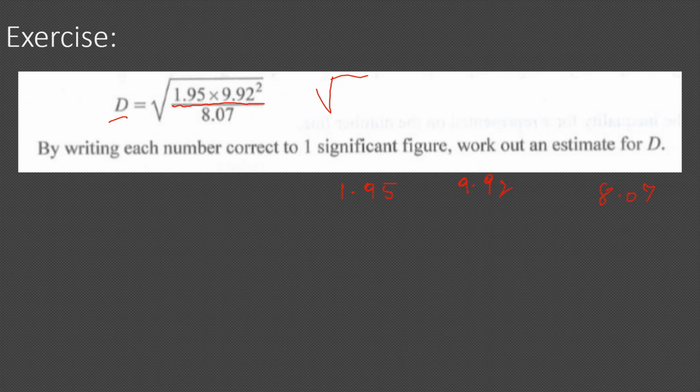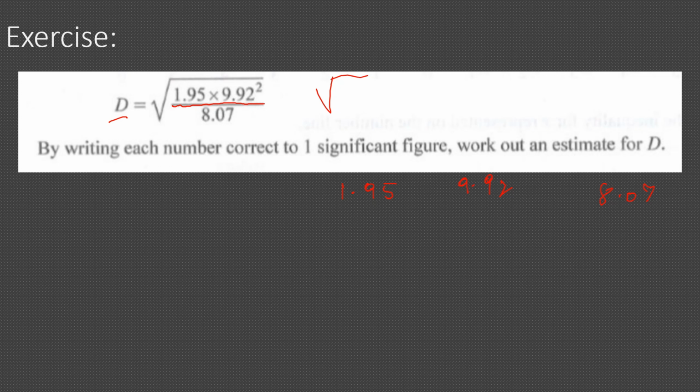So we'll start by looking at the first number, and they tell us to write it correct to one significant figure. So we'll start with 1. 1 is not 0. As you remember, significant figures start from the first non-zero figure. And so due to 1 not being 0, we'll count it as our first significant figure.